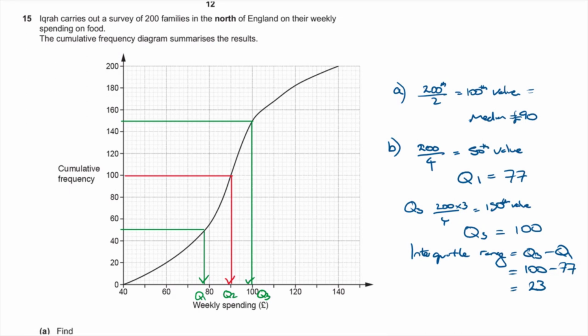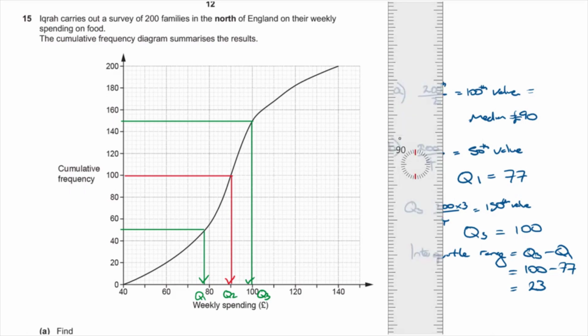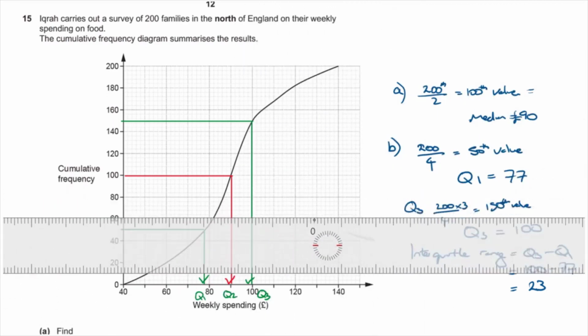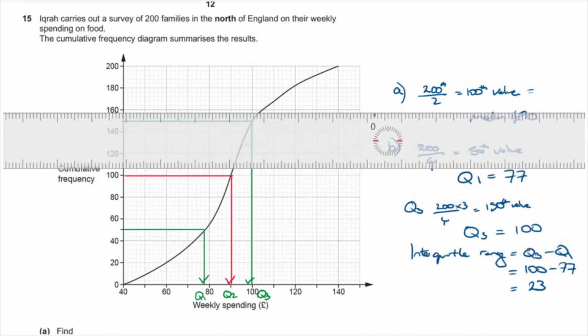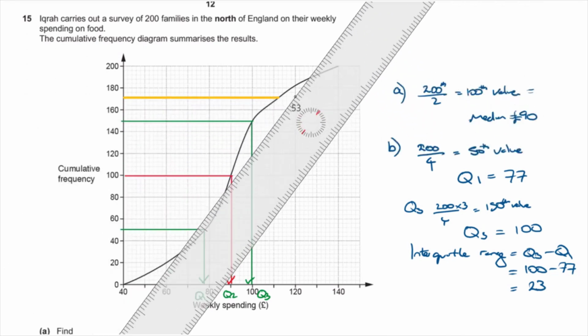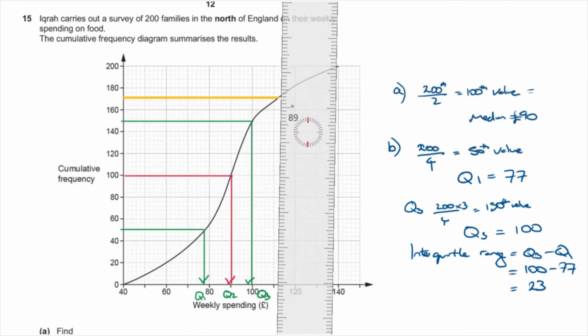So let's get the ruler out. So 15% of 200 is 30. So 30 down from 200, what does that give me? Read across to the graph and read down.